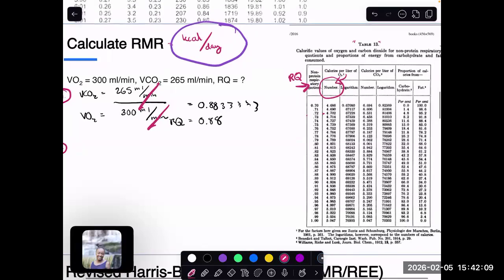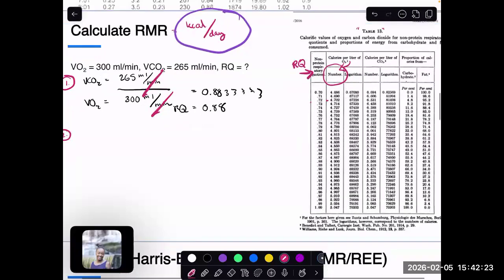We have a lot of other columns here that we could talk about. So if you have any questions or you want more insight into that, just leave a comment and I'll be happy to talk about that because I love talking about numbers and exercise science. So from here, if we have a respiratory quotient of 0.88, we're going to go down to 0.88 here.